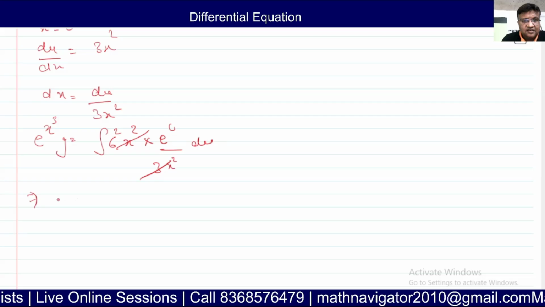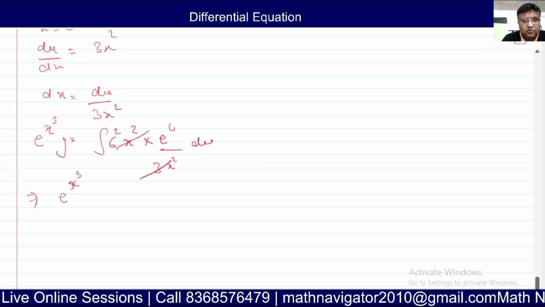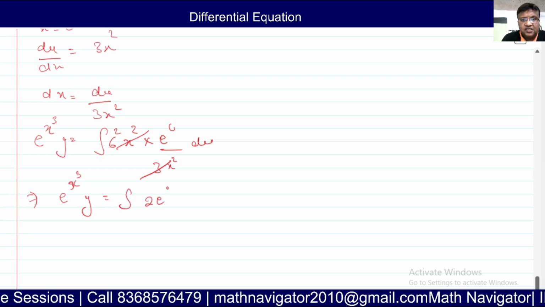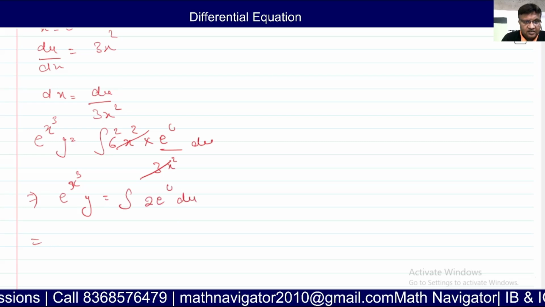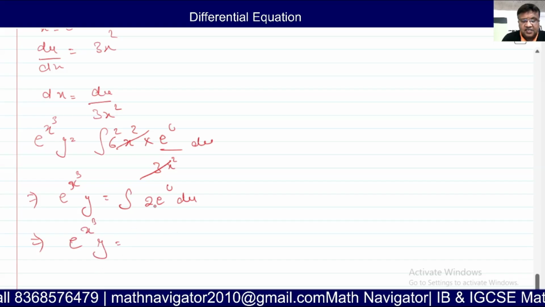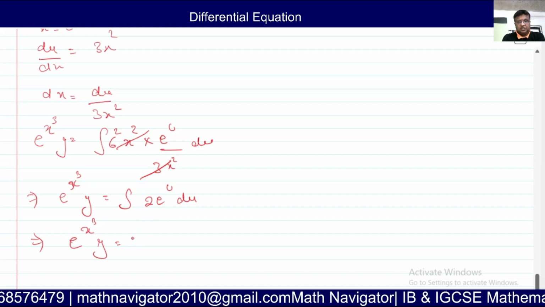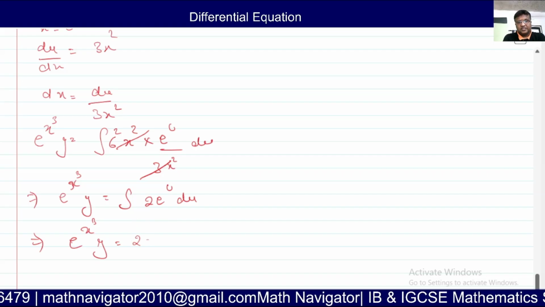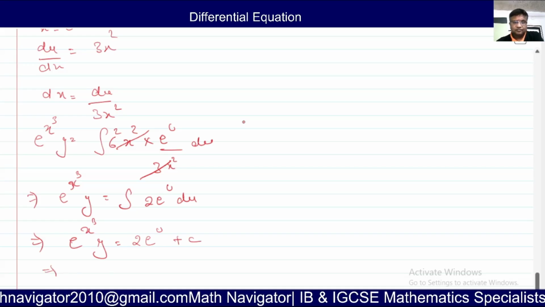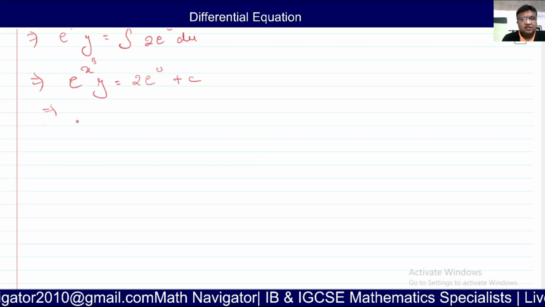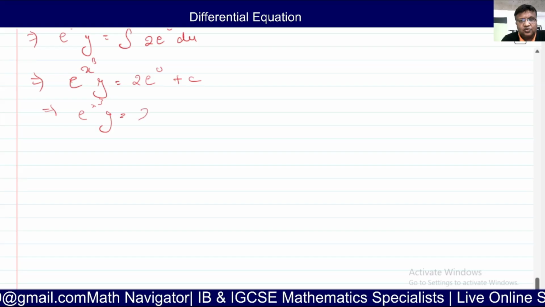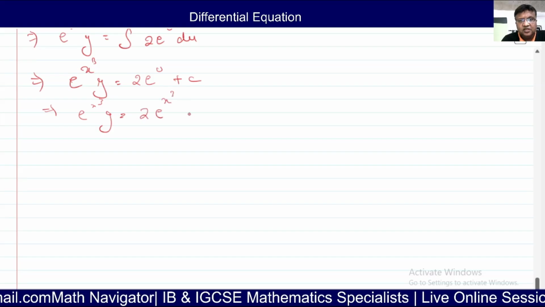So my integral finally becomes e raised to the power x cubed times y is equal to integrate 2 e raised to the power u du, which will give me e raised to the power x cubed times y is equal to 2 e raised to the power u plus c, which is 2 e raised to the power x cubed plus c.